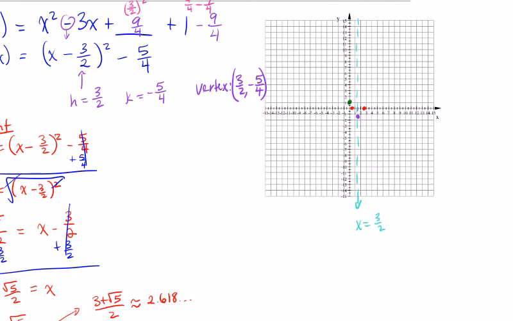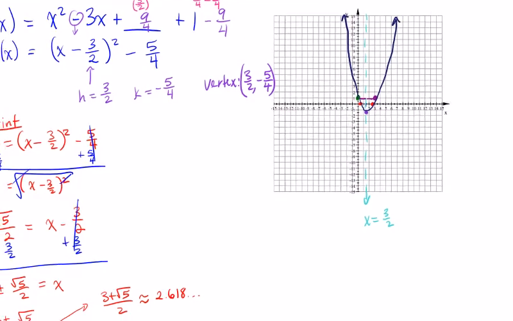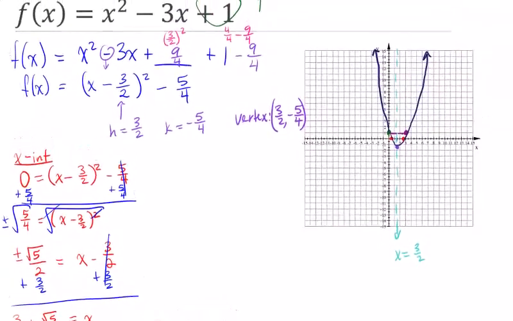And so we can come 1.5 over here to find a 5th point. And now we can graph. All right, so there's our graph.